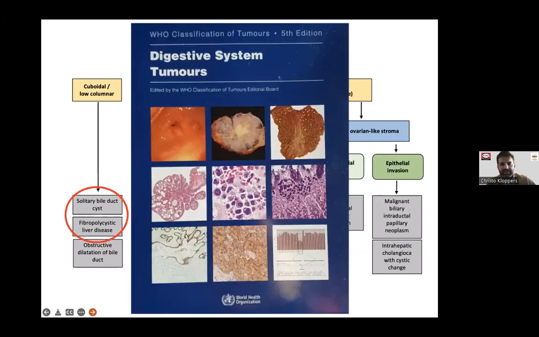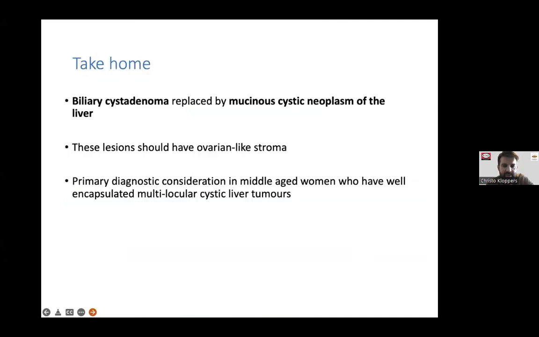Okay, but just to spoil us, then they published a new version, a 5th edition of the digestive system tumor classification, but luckily there was no change to the cystic liver lesion classification. So the take-home here is you should refrain from using the term biliary cystadenoma. It's replaced by mucinous cystic neoplasm of the liver.